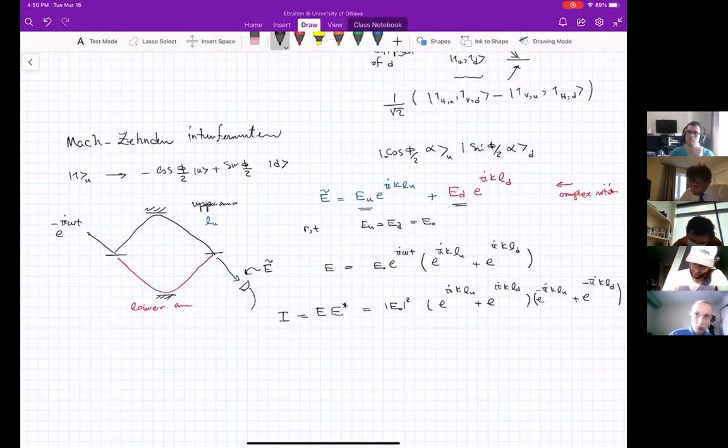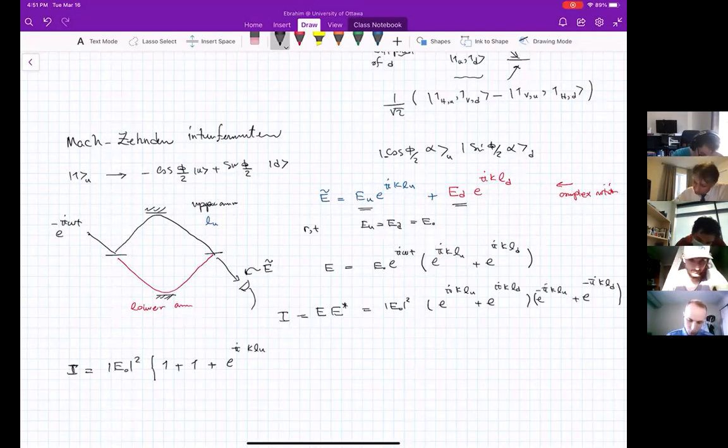Right, excellent. So the intensity is essentially given by E0 squared times 1 plus 1 plus e power of i k (L u minus L d) plus e power of minus i k (L u minus L d).